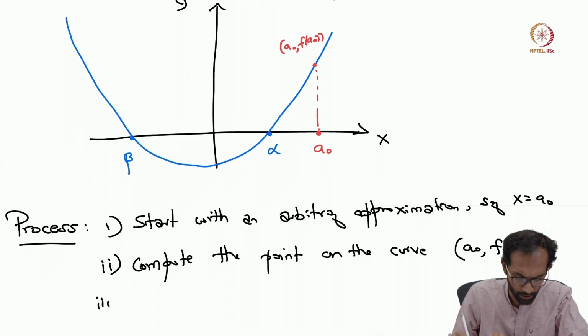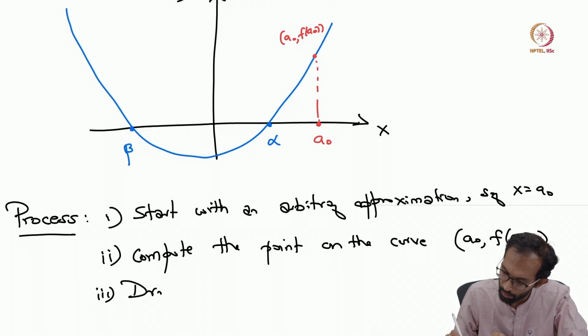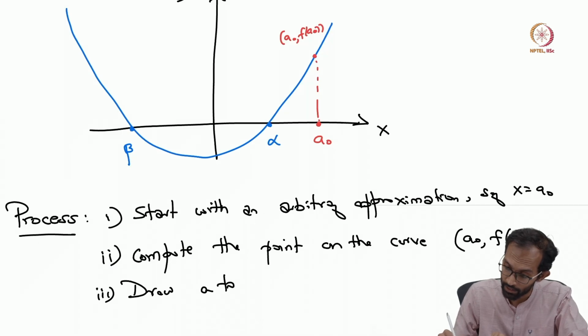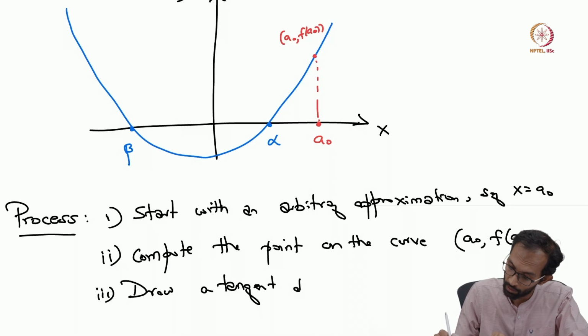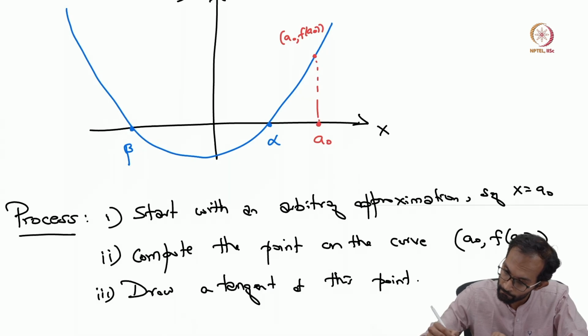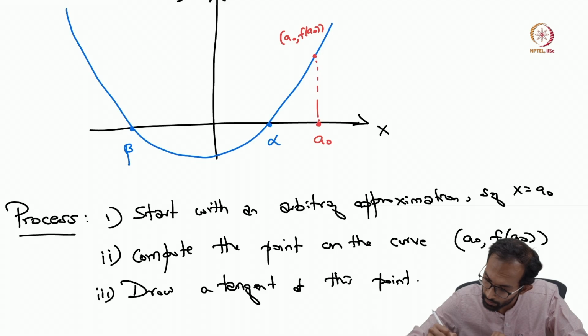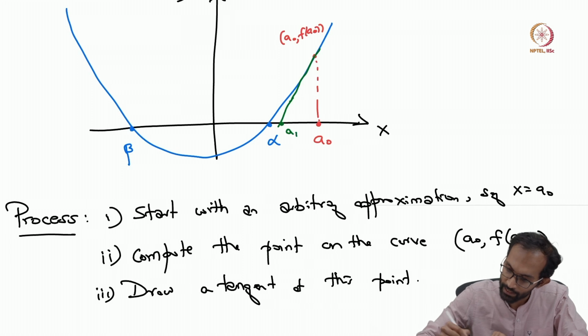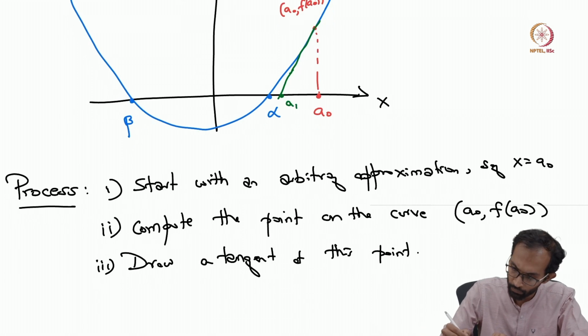And then you just draw a tangent at this point and see where it intersects the x-axis. So let's say something like this, and it meets the x-axis at another point a1.